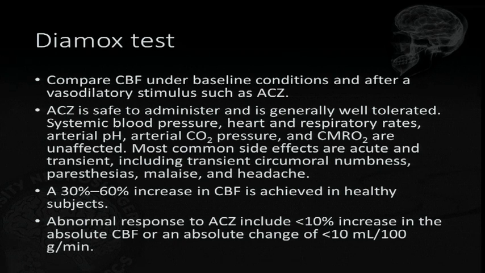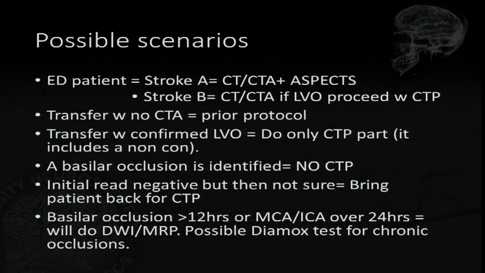So if the patient has a chronic occlusion, and they can still have some reserve, those will vasodilate and you'll have an increased perfusion. If the patient is at the maximum vasodilation, what's going to happen is the blood flow will decrease, and then that patient would be deemed a candidate for bypass. So that's why we want to do this, and that's why they're asking to do this Diamox test.